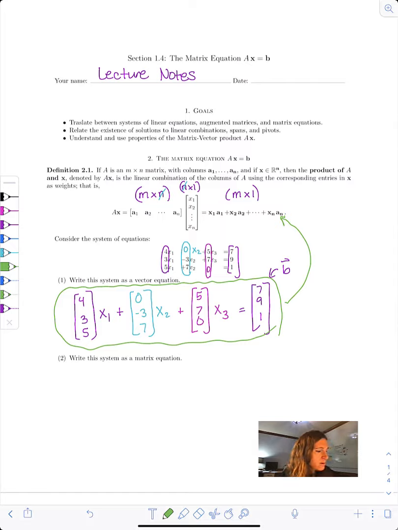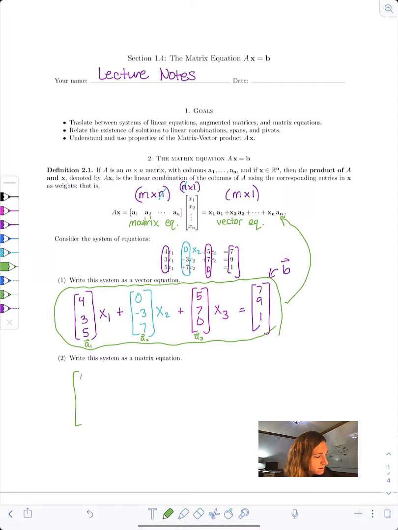Okay, so now we want to go, it's almost like going backwards in this equation up here. We want to go from this vector equation to this matrix equation. And so this is called the vector equation, and here we have the matrix equation. What we do is, when we're looking at these vectors that we've written down in step 1, that first vector is our A1, the second vector is our second column, and the third vector is our third column.